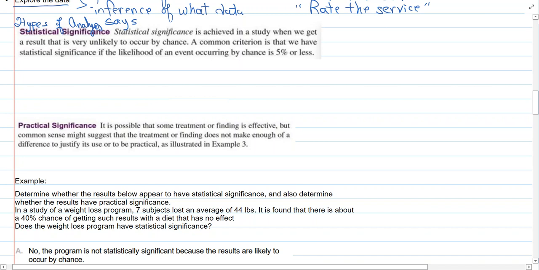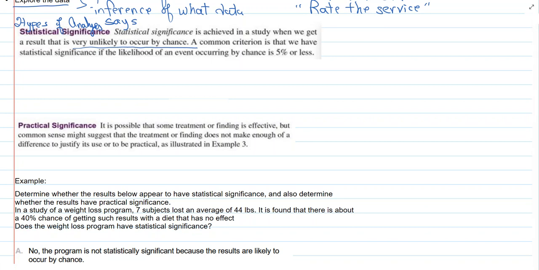And I got this from the textbook to make sure I don't sway you one way or the other. Statistical significance is achieved in a study when we get a result that is very unlikely to occur by chance. In other words, it is going to happen.